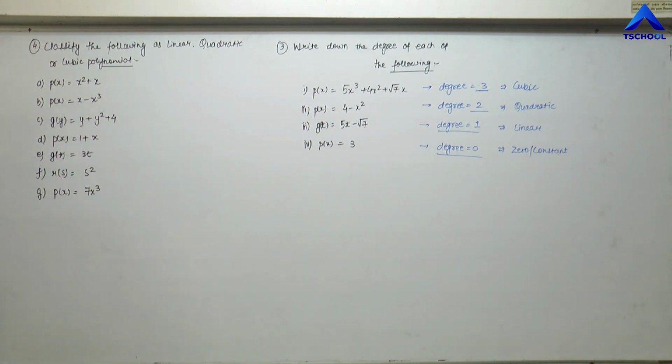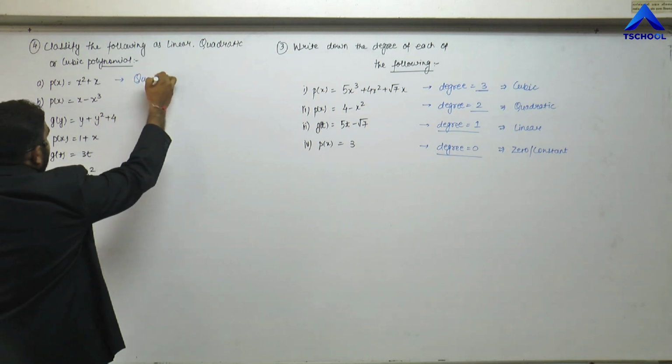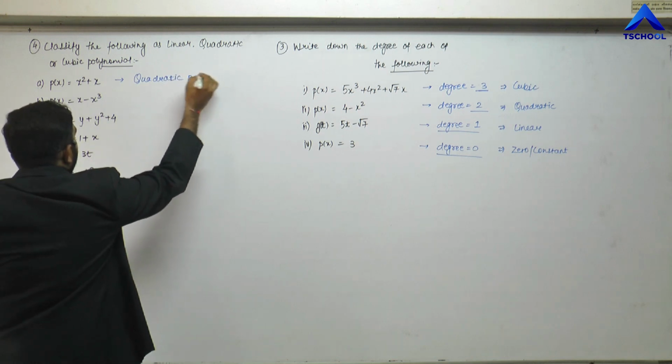The first one has a degree 2 because there are 2 terms present here, that is x square and x, and the highest power of these 2 terms is 2. That means the degree of this polynomial here will be 2, and if it has a degree 2, then that is a quadratic polynomial.